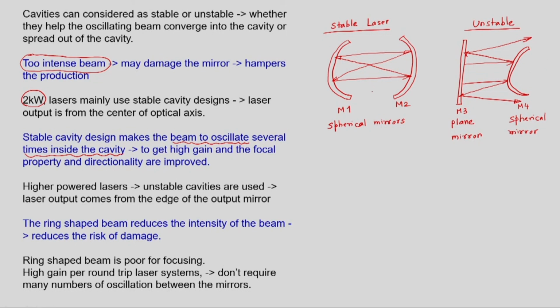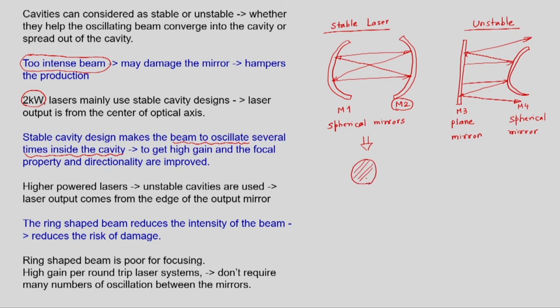But if you keep on oscillating the laser beam in a stable laser, no output will be possible. So, what we do here is make the mirror M2 partially transmitting, and we take out the output from the stable laser. In general, the stable laser produces a coherent output at its center.